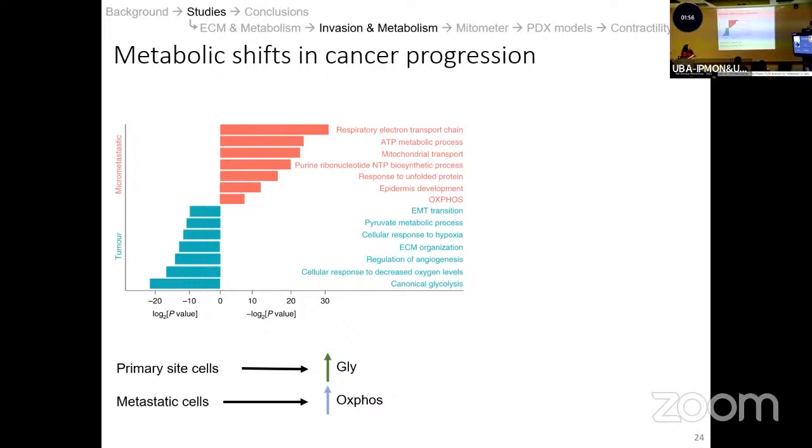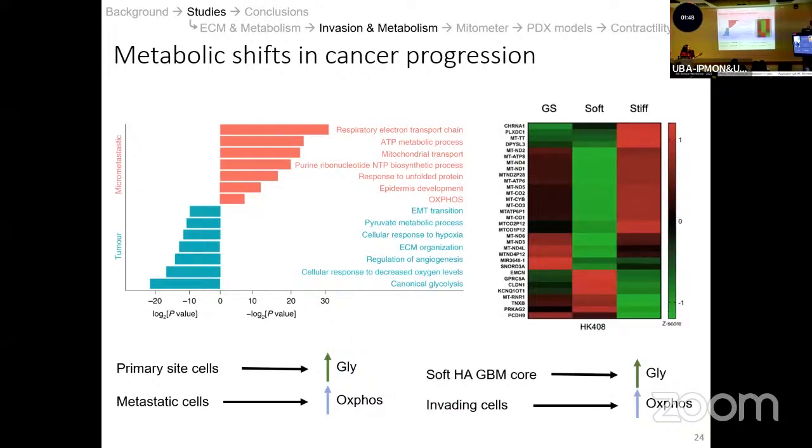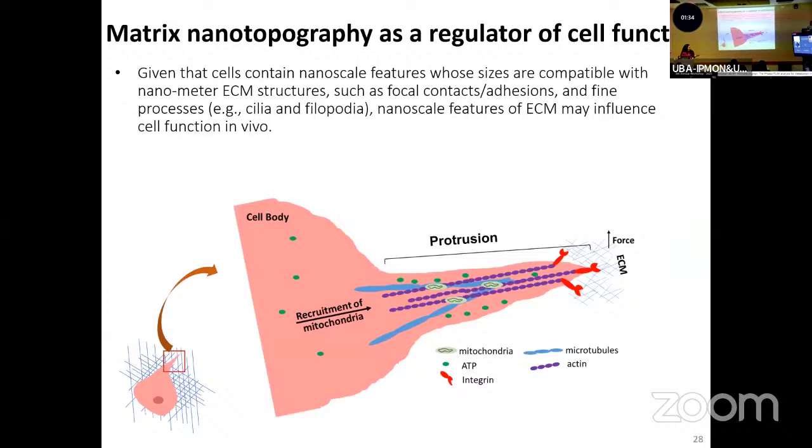And then at the primary site, we calculated the FLIM signature, they're more glycolytic, and the metastatic cells are more OXPHOS. Similarly, in the glioblastoma cells, we have the soft hyaluronic acid glioblastoma multiforme cells. They're also at the core very highly glycolytic, and their invading cells are more OXPHOS. So similar metabolisms as the breast cancer cells.